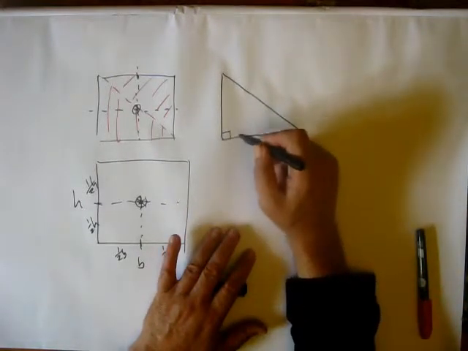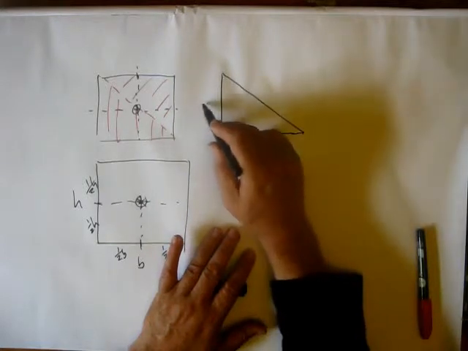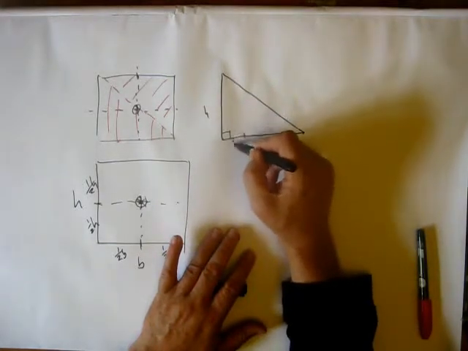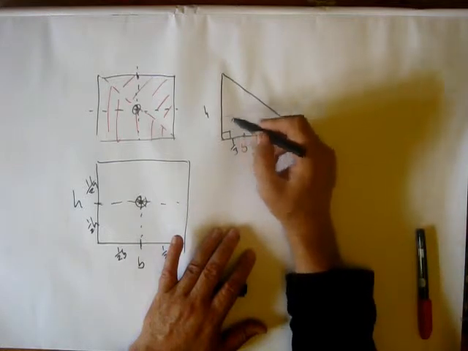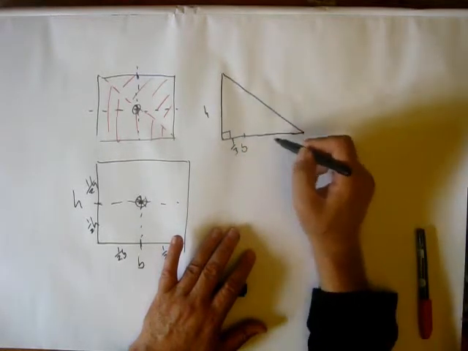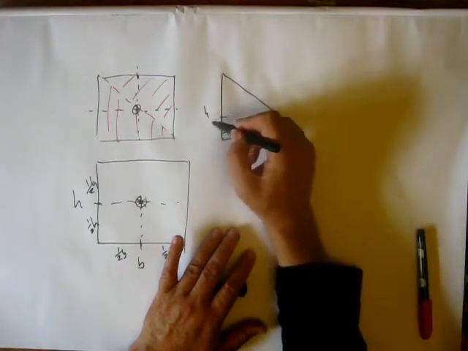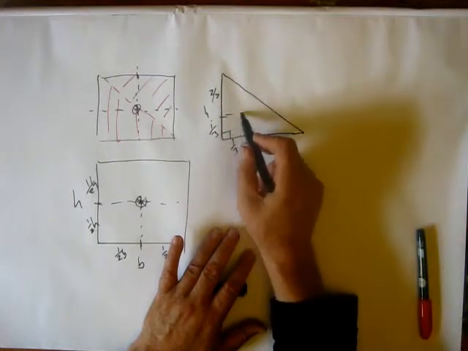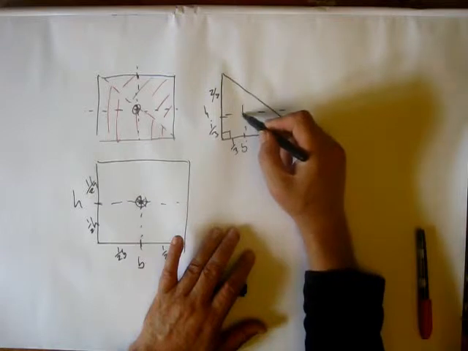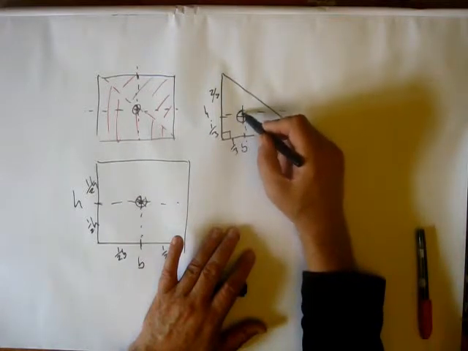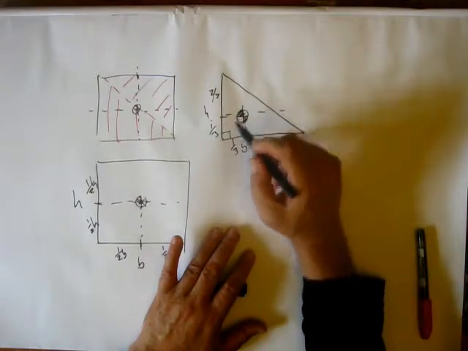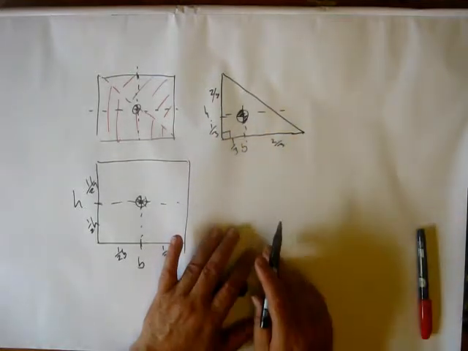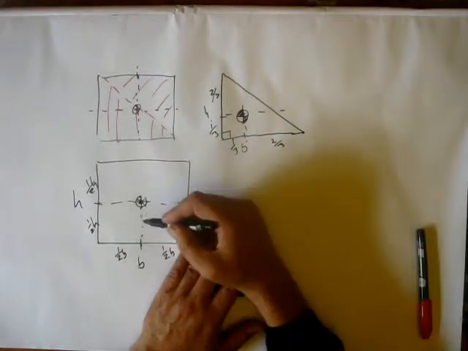It's going to have a base and a height, and the centroid is going to be 1/3 the base along the base, and it's also going to be 1/3 up. So the centroid of a triangle is 1/3 of the way up, 1/3 of the way along. We're going to use a sort of centre of mass symbol to show where the centroid is.